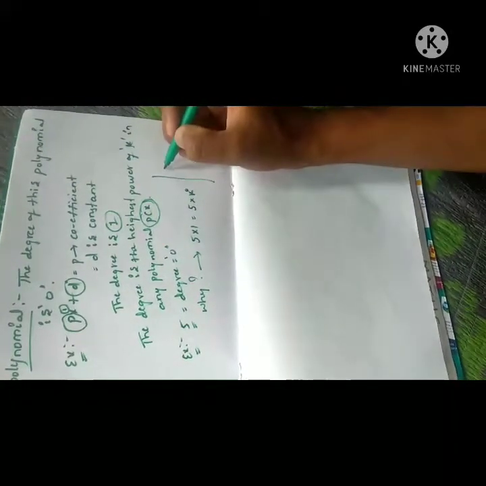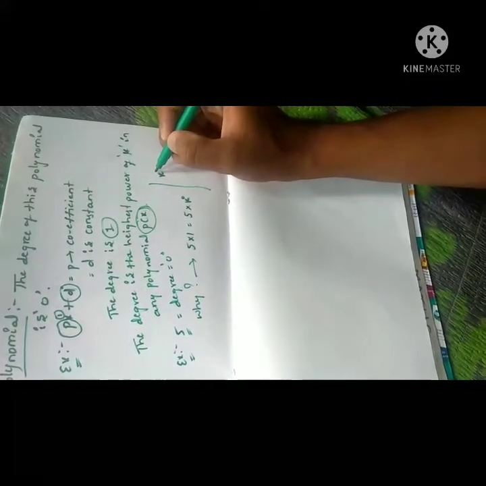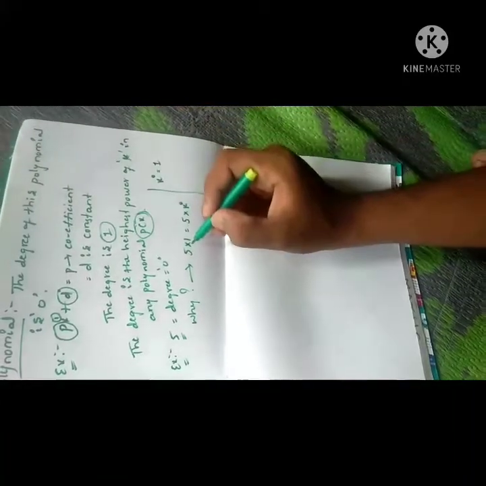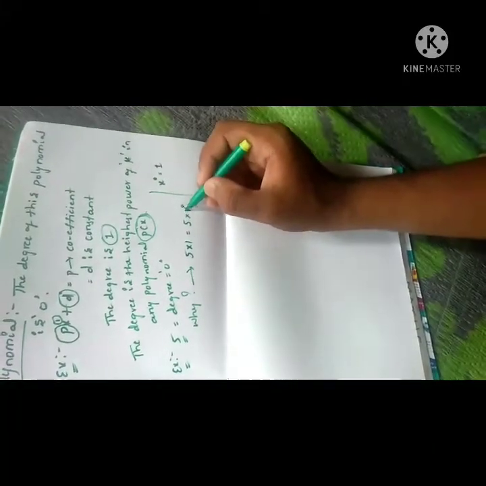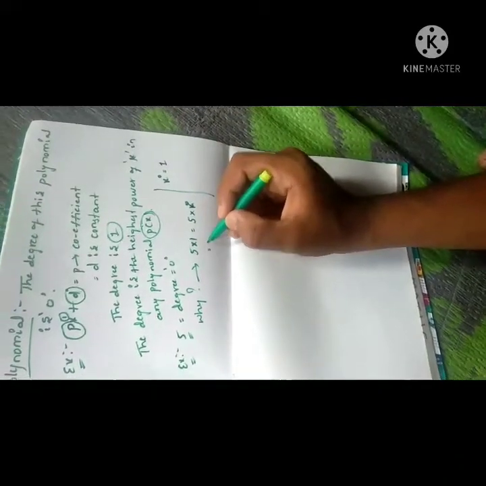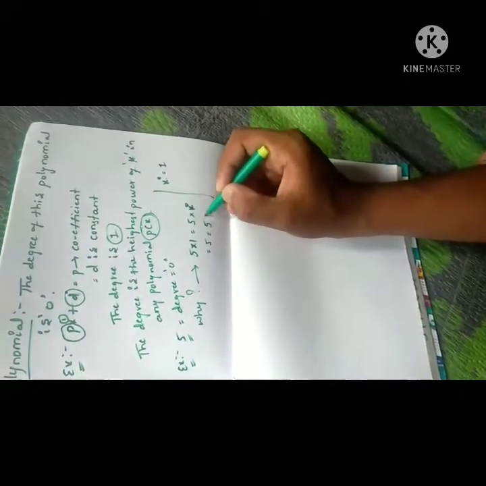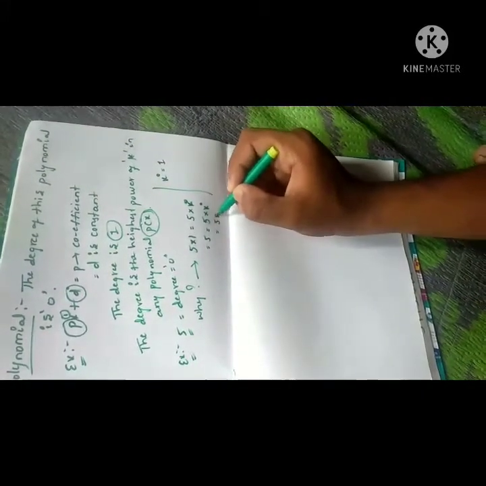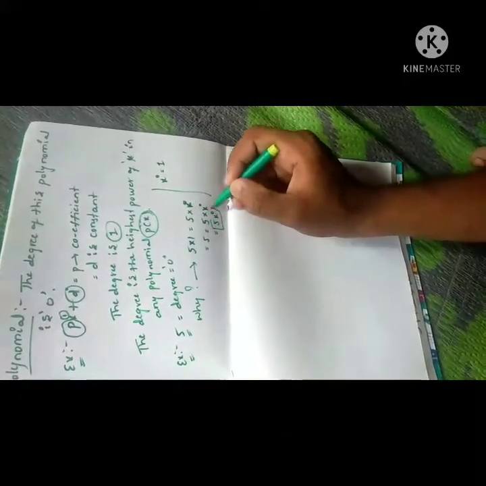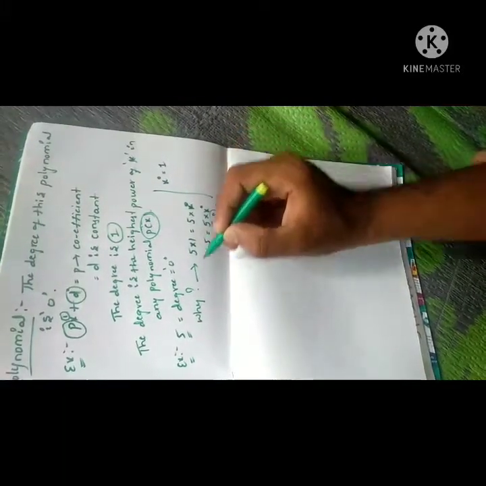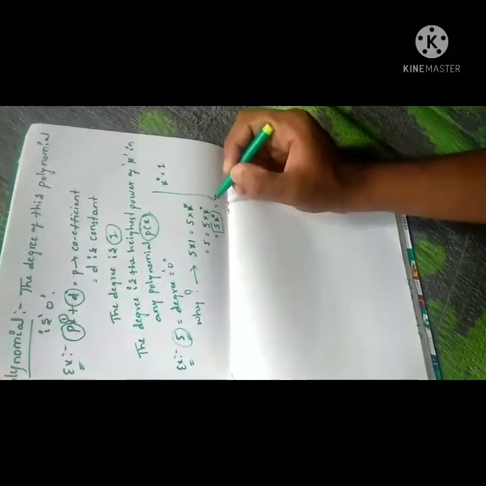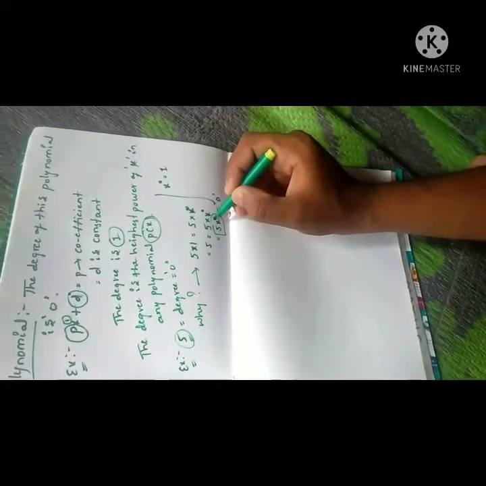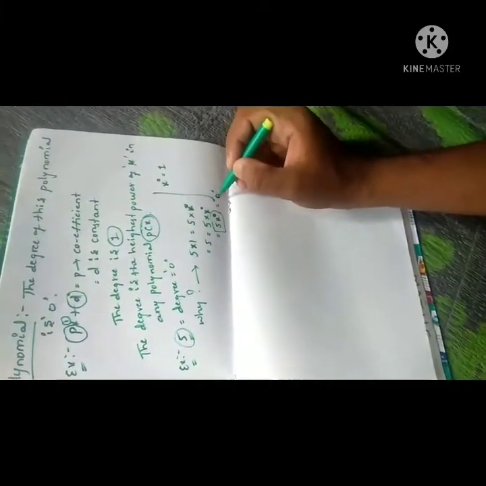We all know that if the power of x is equal to 0, then the value will become 1. Here we are replacing the 1 by x power 0. Hence 5 is equal to 5 x power 0. Hence the degree of 5 is 0.